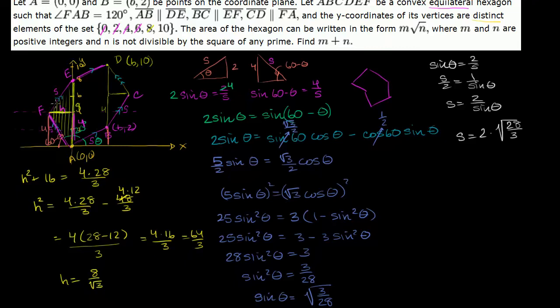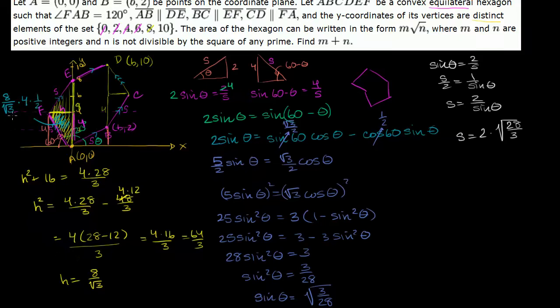So if I want to find the area of this whole thing over here, well, first let's find the area of this small thing right over here. That's just going to be h times 4 times 1/2. So the area of this triangle is going to be h, which is 8 over the square root of 3, times 4 times 1/2.